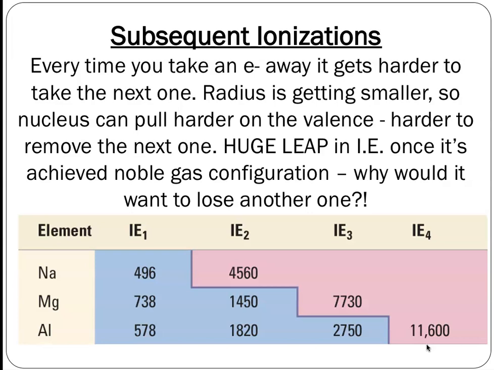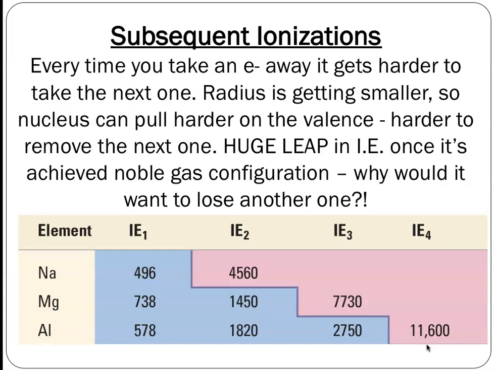If you were to then try to remove the next electron from the previous noble gas compared to these elements, you've changed energy levels. You're that much closer to the nucleus. The attraction is going to go up. There is less shielding for the same number of protons.